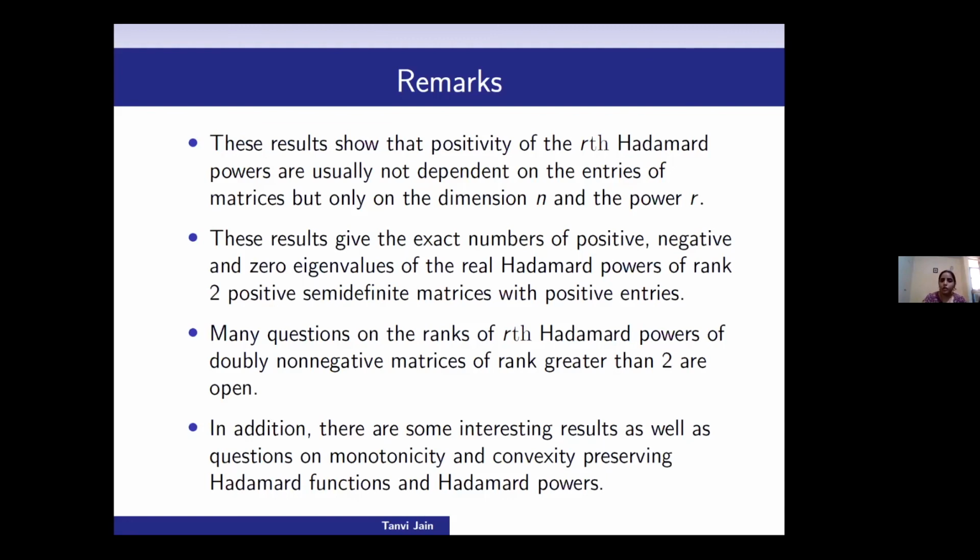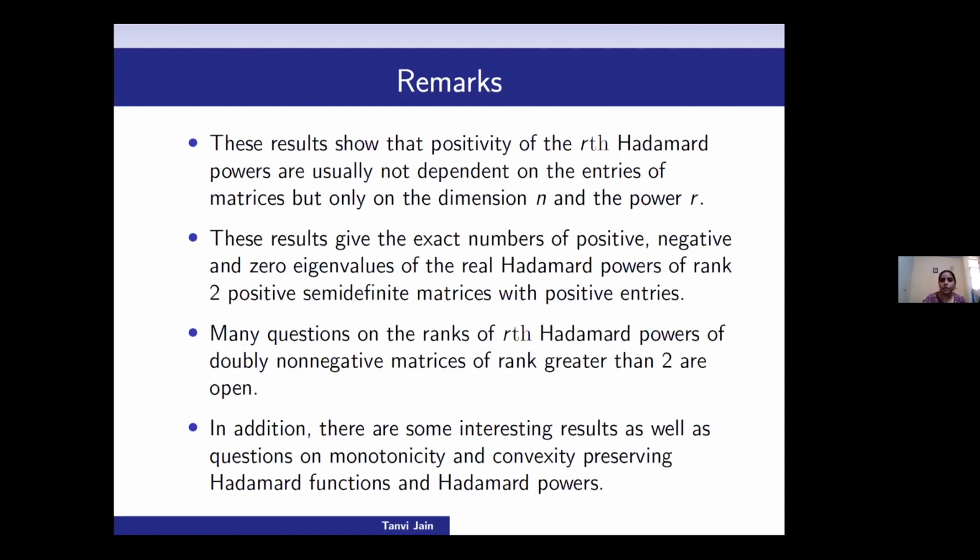The strength of the result is that they give exactly the number of eigenvalues that will be positive, negative, or 0. The most interesting thing is, I started with the talk that Hadamard products or Hadamard functions are dependent on entries. Now the positivity, the number of eigenvalues being positive, negative, 0, are not dependent on entries, but only dependent on the dimension n and the power R.